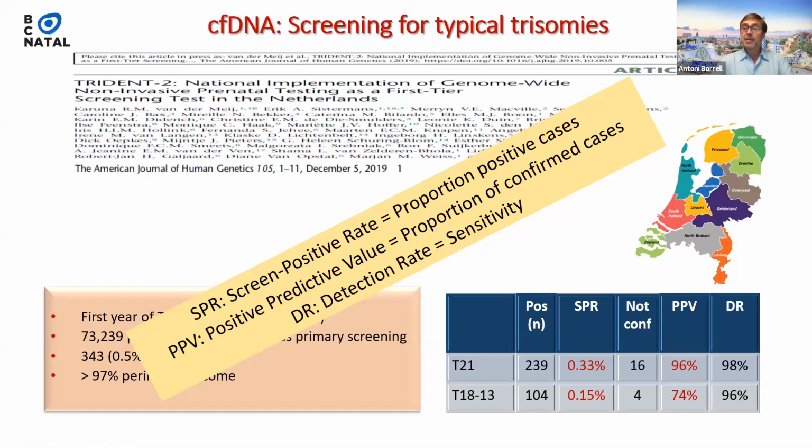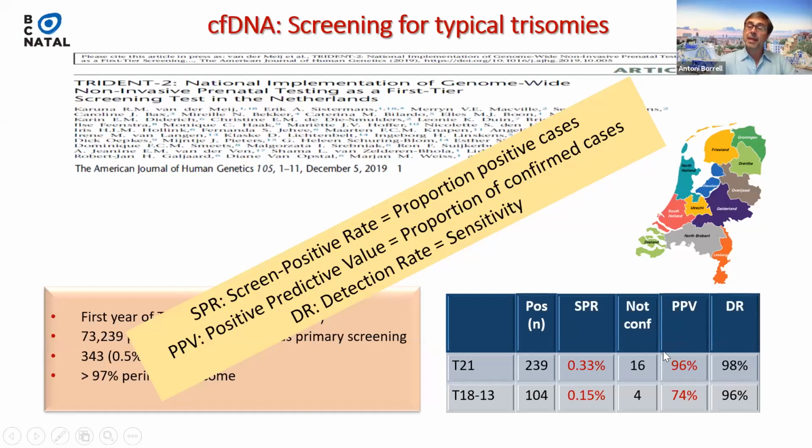Remember that for the combined test, the positive predictive value was about 10% or maybe 5%. So most of the cases with a positive result turn out to be false positives. And finally, the detection rate. The detection rate is the sensitivity. The sensitivity is how many affected cases can be picked up by this method. This is a parameter that is very interesting for the government or for the health department, because they know how many cases are picked up.